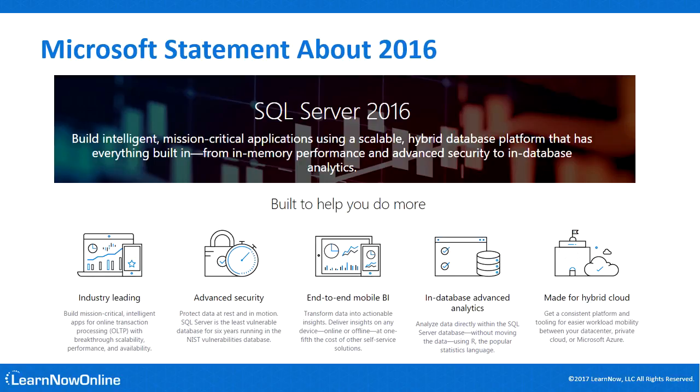Quite a lot in one sentence, but to kind of split it out a little better, you can see on the bottom that they're touting SQL Server as being an industry-leading software for mission-critical applications. Their advanced security is helping protect the data in the ways requested by the community. The end-to-end mobile BI is giving us options to look on our smartphones or tablets for results from our application.